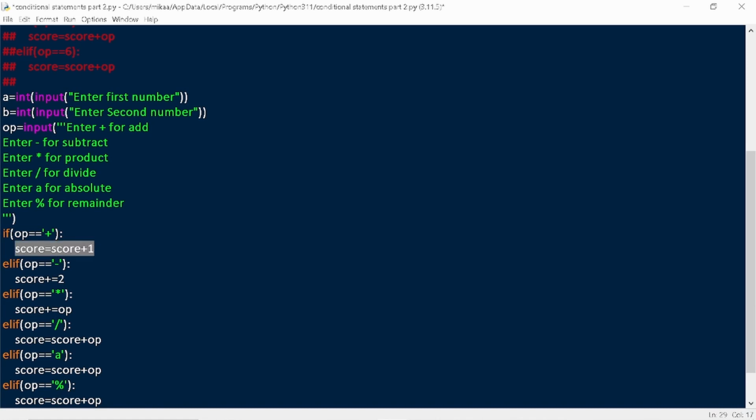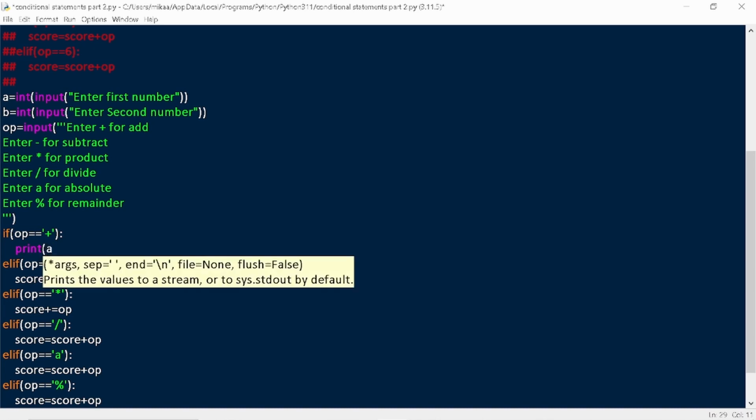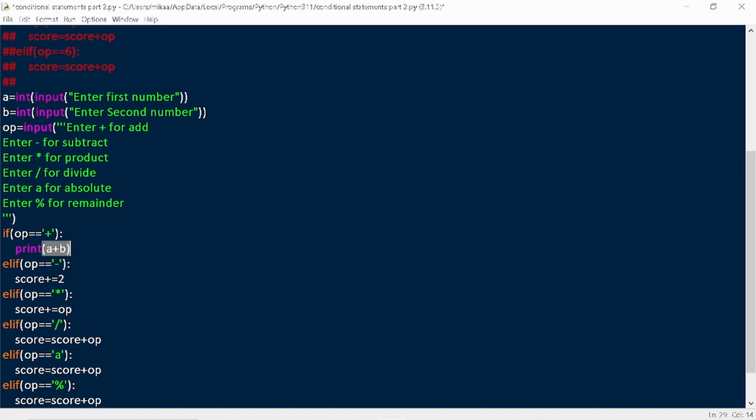What we will do is print a plus b. I must copy this. Print a minus b. Print a multiplied by b.